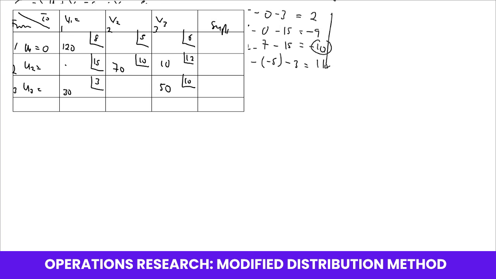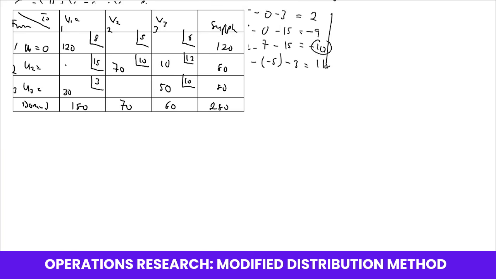We have our supply here. We have demand. So here it's still 150, 70, 60, 280, 80, 80, 120.